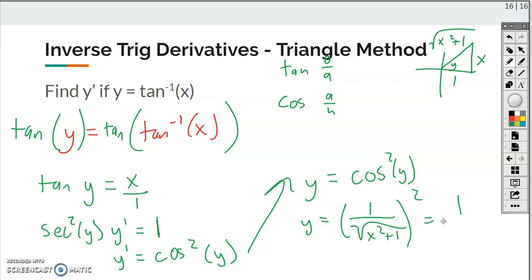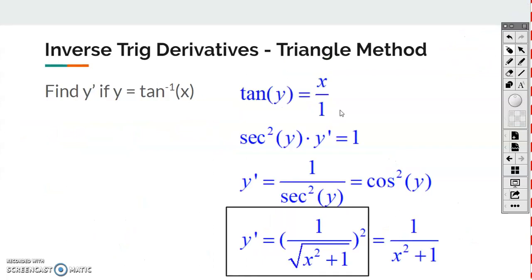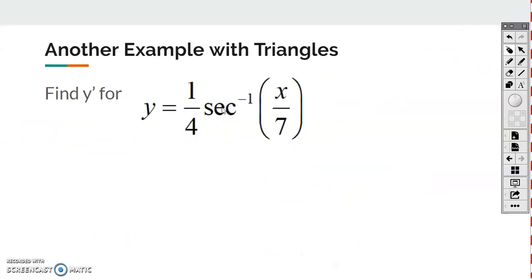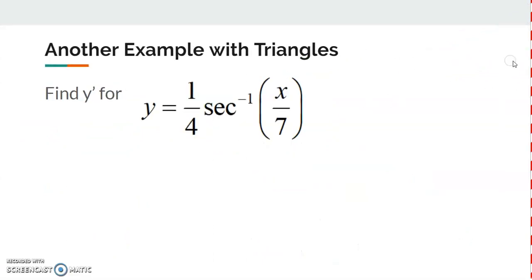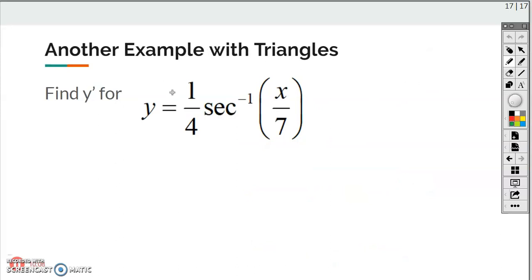You can leave it like this or simplify. Or you can memorize the formula. In this case, memorizing the formula is probably easier. But when the problems get a little bit harder, I think it's easier to use the triangle method than to try to memorize the formula, because a lot of times you'd have to simplify it. Now, that being said, if it's free response, you're not going to have to worry about simplifying anyway.